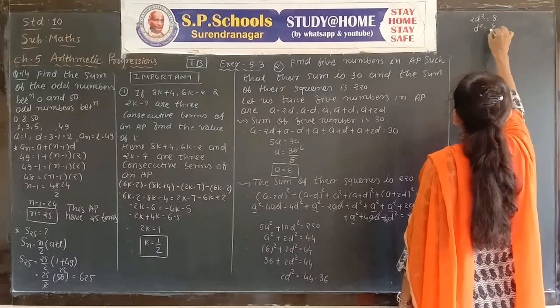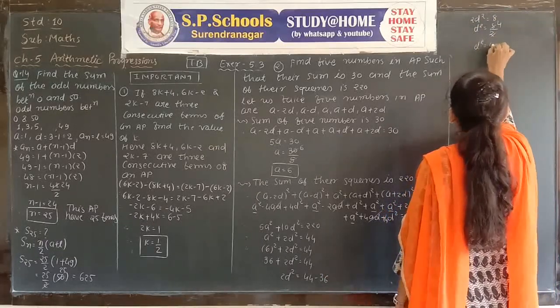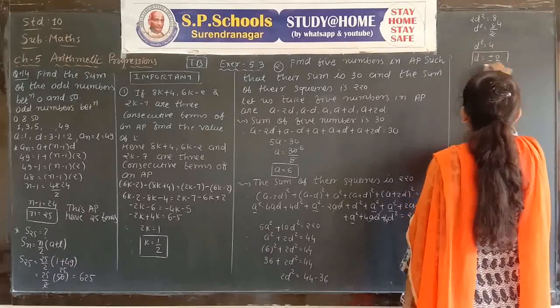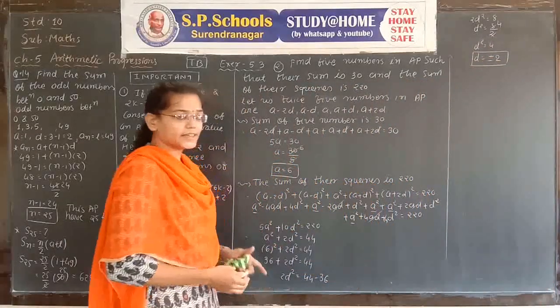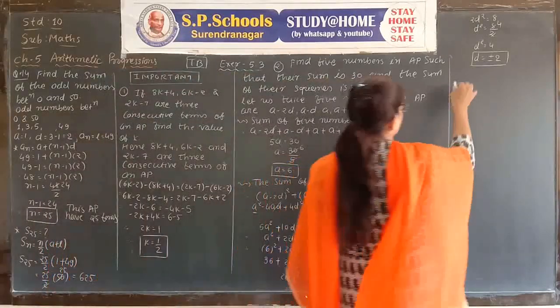D square is equal to 8 upon 2, which is 4. Then the value of D is plus or minus 2. Keep in mind, D is the common difference, so it can be negative also, not only positive. Hence the values of D and A are obtained here.